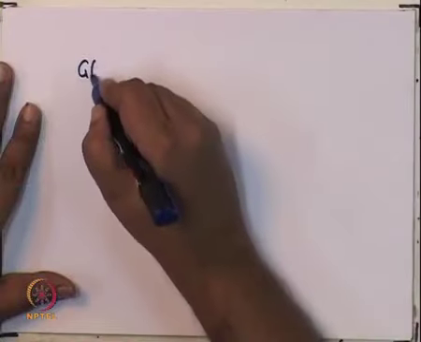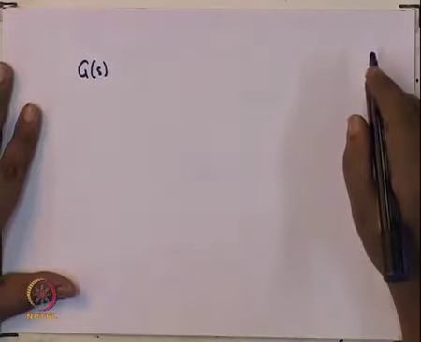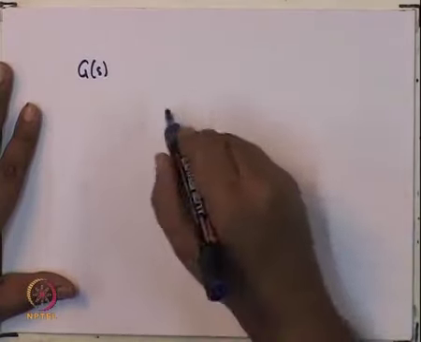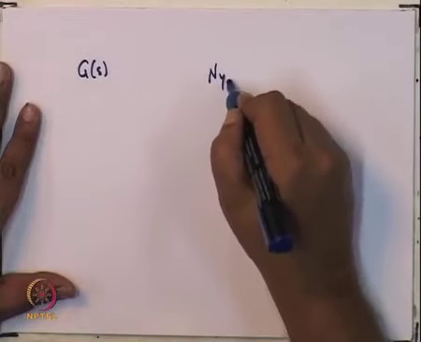Okay. So, given a transfer function G of s, one definition for positive realness is you look at the Nyquist plot.